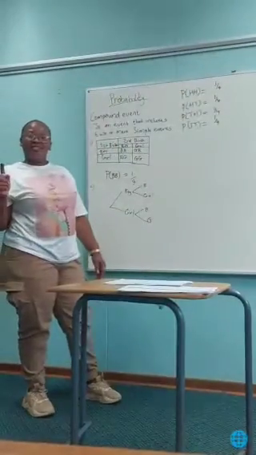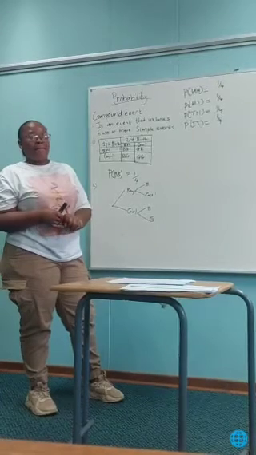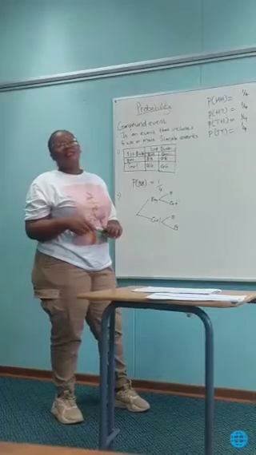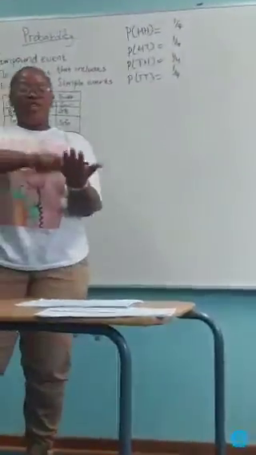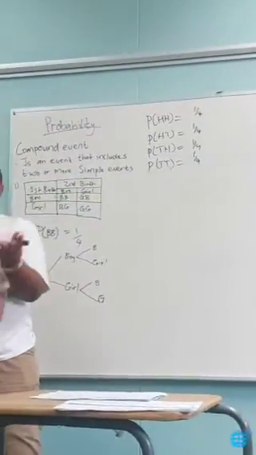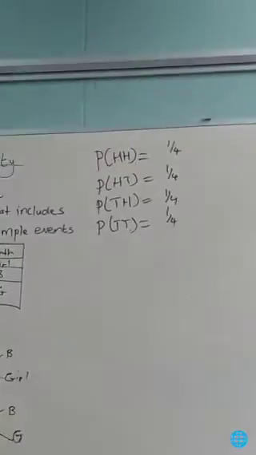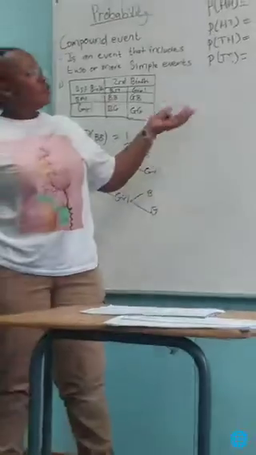Ma'am, is it 1 over 4 because 2 coins have 4 sides? Yes. Because 1 coin has 2 sides, another coin has 2 sides. So 2 plus 2 is 4. Who can tell me what we call that?